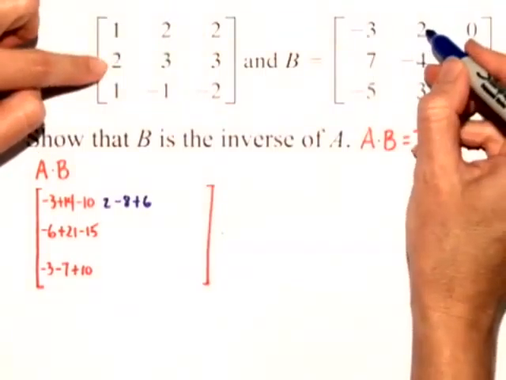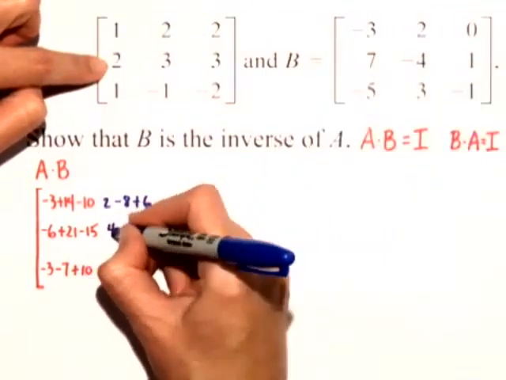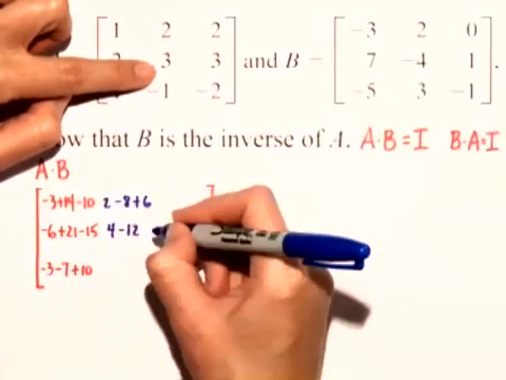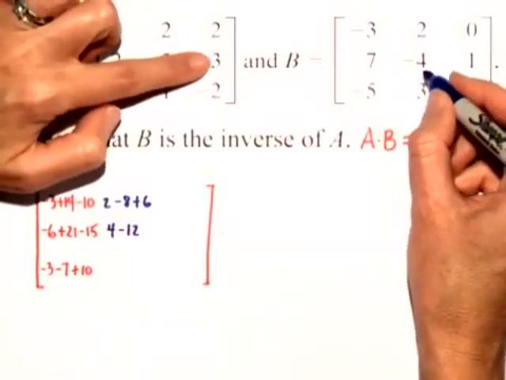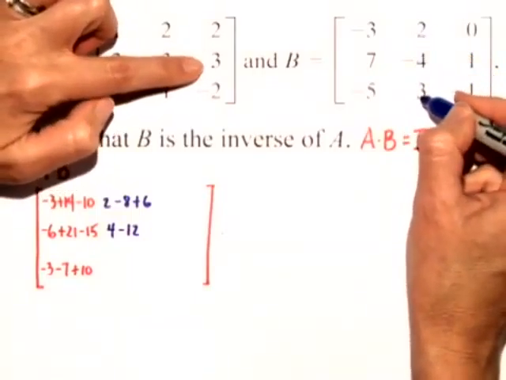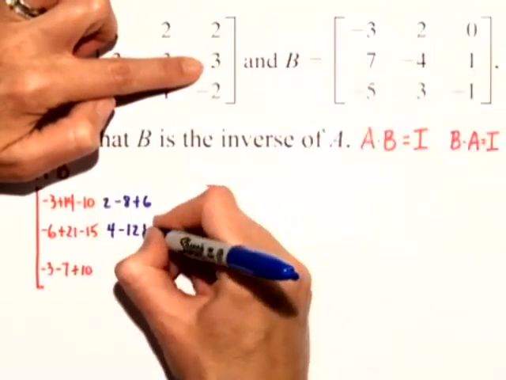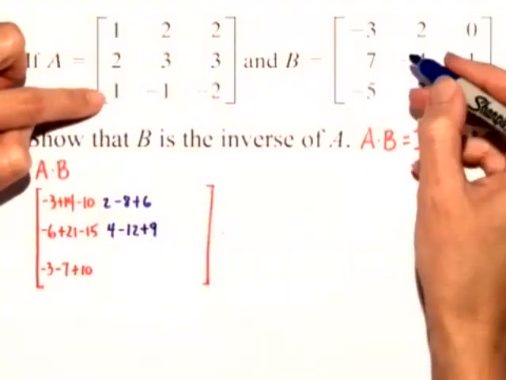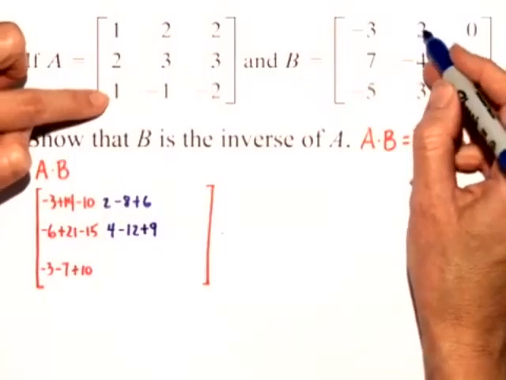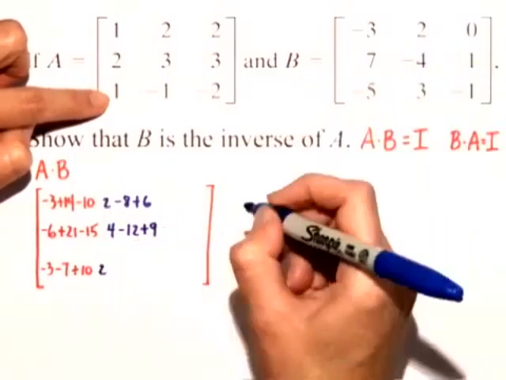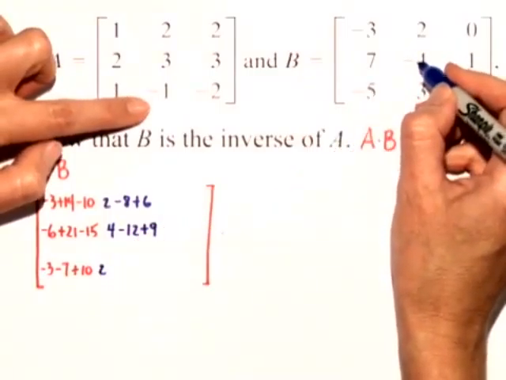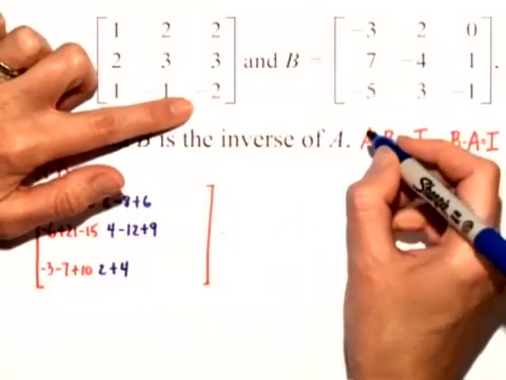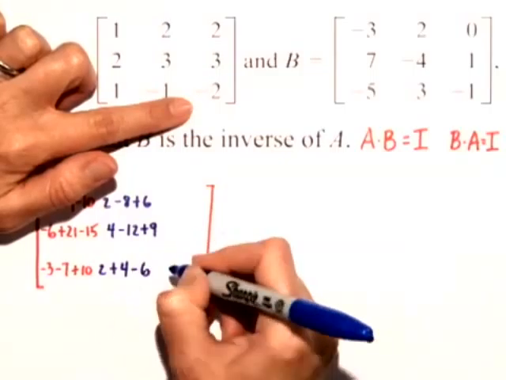Next, I have 2 times 2 is 4, plus 3 times -4 is -12. I'm moving across row 2 and down column 2. I have 3 times 3, which is +9. Finally, row 3, column 2. I have 1 times 2, which is 2, plus -1 times -4 is 4, plus -2 times 3 is -6.